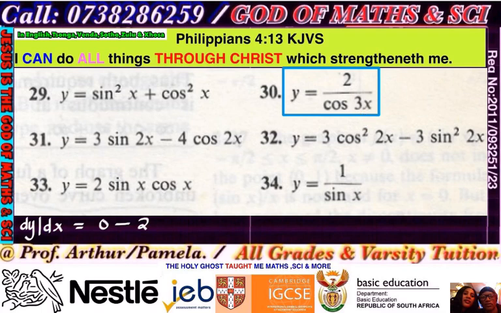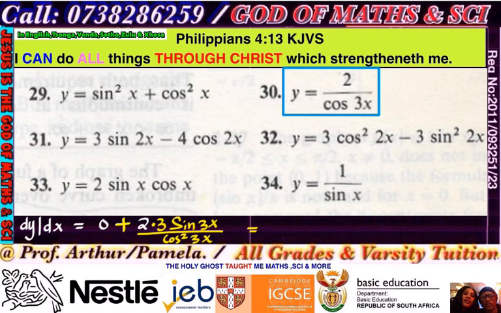It's a cos, I need to switch the sign, so at the top it becomes plus, derive the angle, so it's going to be times 3, and then change it to sine, so it becomes sine of 3x. Then the bottom must be squared. So I'm going to write cos squared of 3x.